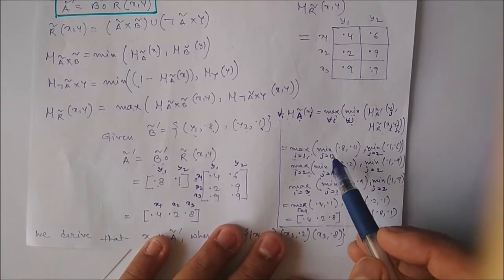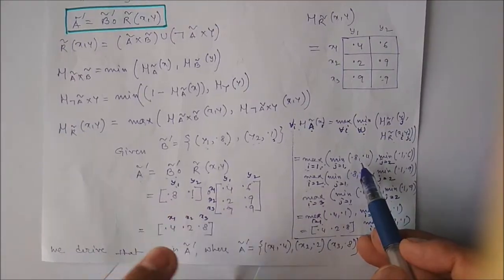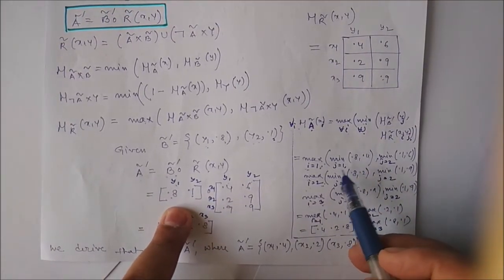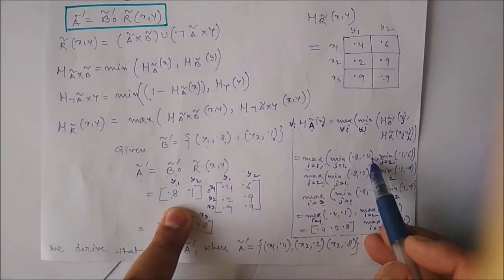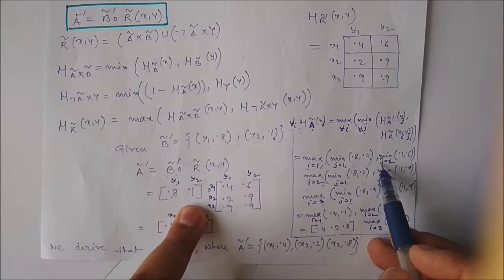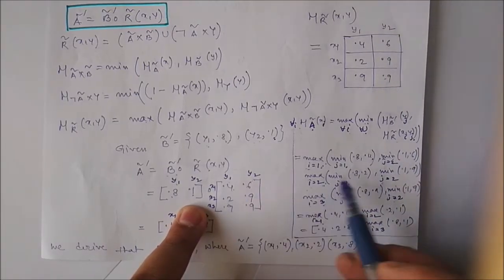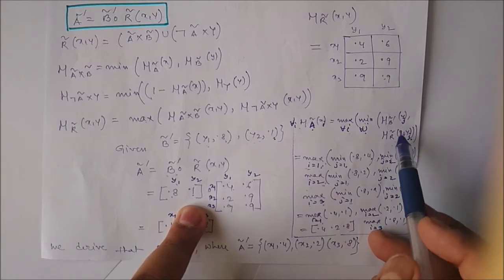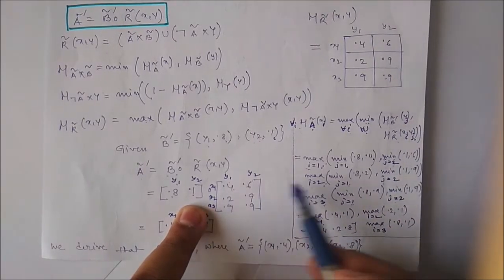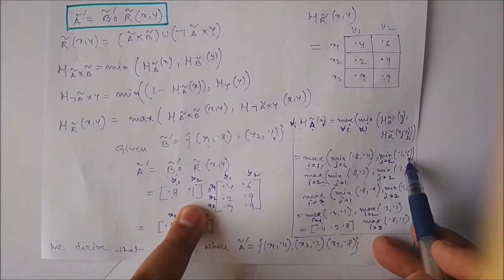So for i equal to 1, j equal to 1, the minimum is between y1, that is 0.8, and x1 y1, that is 0.4. For j equal to 2, y2 is 0.1, and x1 y2 is 0.6.